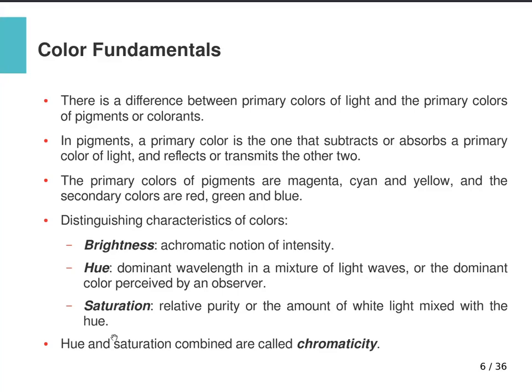And we have saturation, which represents the relative purity or the amount of white light that is mixed with the hue. So as you can see, hue and saturation both contain color information, while brightness doesn't have any color information. It only represents intensity. So based on this, hue and saturation combined are usually called chromaticity.